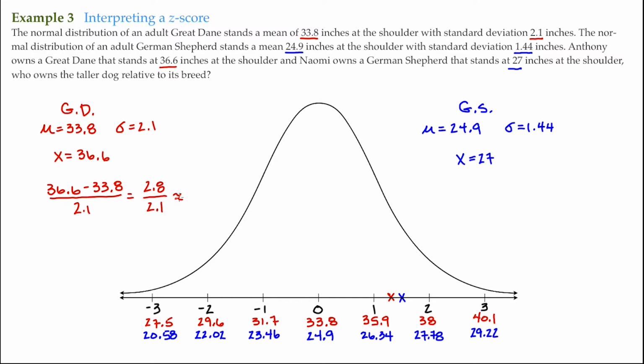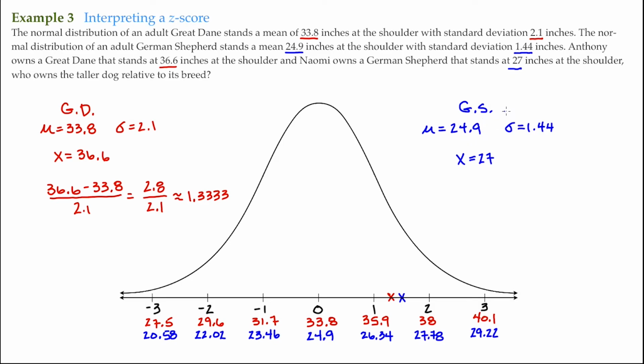So the Great Dane has a z-score of approximately 1.333, and we'll do 4 decimals, 1.3333. Visually it's hard to tell exactly, so that's why we'll do the z-scores.